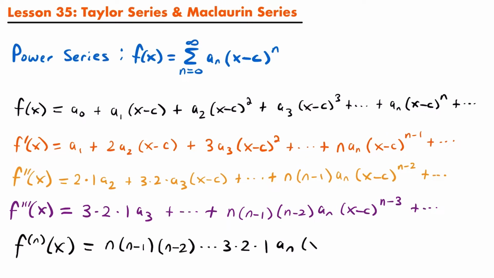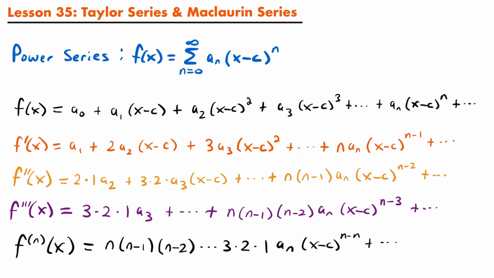And that's multiplied by x minus c to the power of n minus n, which of course would be 0, and x minus c would be raised to the power of 0, and so that whole thing would become 1. All right, and then you could continue to add more terms from there for that nth derivative. But the first term is this term right here. This is our constant term where we have a sub n.